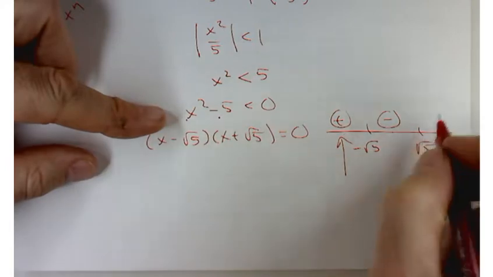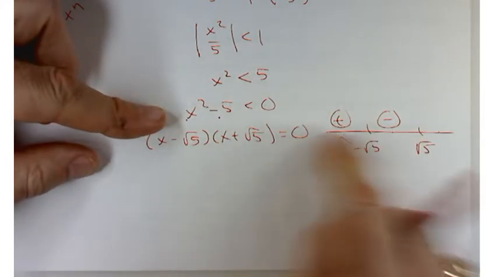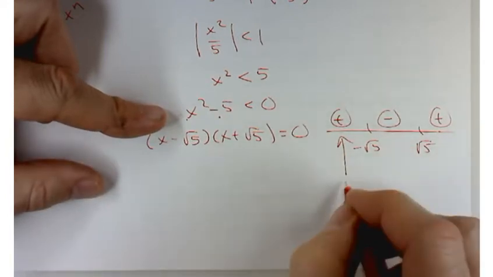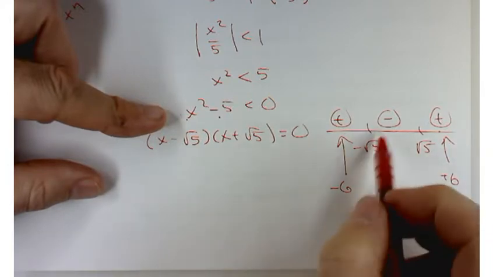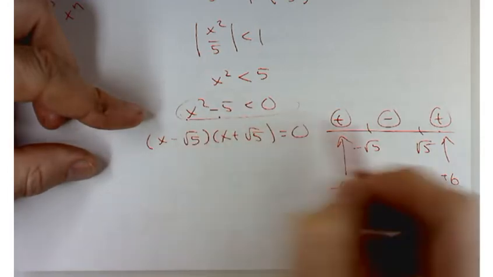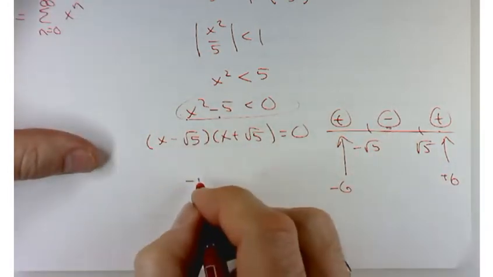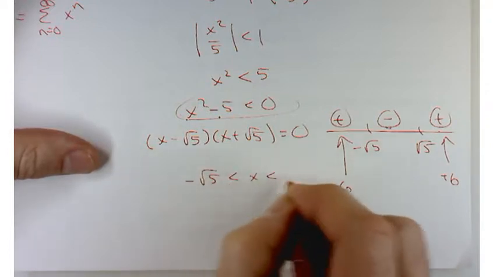And outside that interval, I think I chose 6 by accident. 6 would be over here. 6 and negative 6 give me the same thing. But the point is, I want to know where this is less than 0, which is going to be that middle interval. So my solution is negative root 5 is less than x is less than root 5.